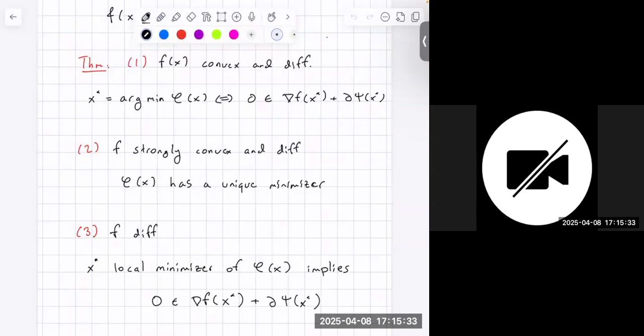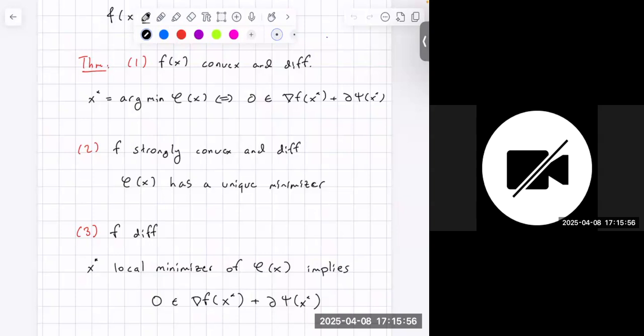And the second thing: if it is even nicer, if you are strongly convex, with the first thing on top, the minimizer is unique. It's almost like your usual case. So this is a super nice situation that doesn't always happen. And the last one is, it's just differentiable, not convex.